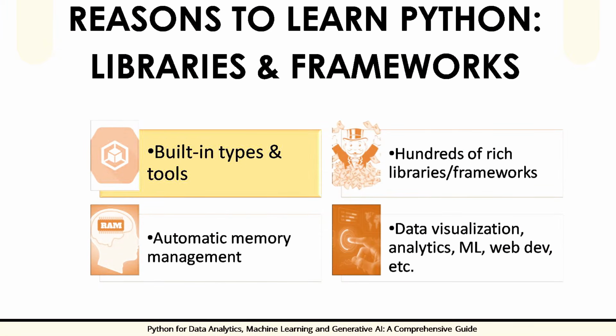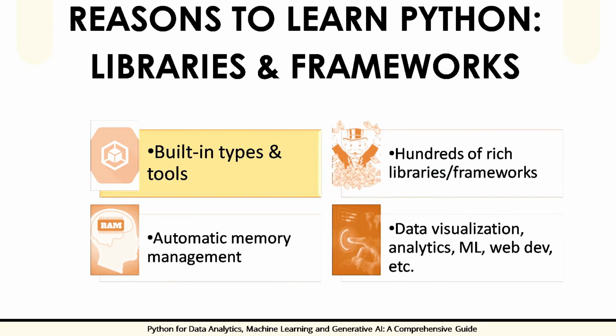Python also handles memory management automatically, so developers can focus on solving problems instead of worrying about technical details. Whether it's data visualization, analytics, machine learning, web development, or automation, Python has powerful libraries that make these tasks faster and more efficient.